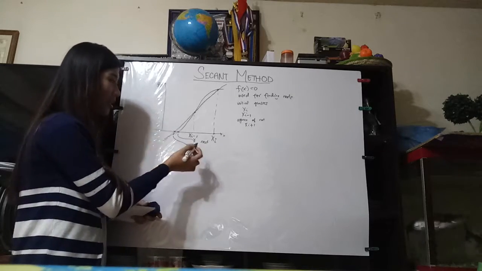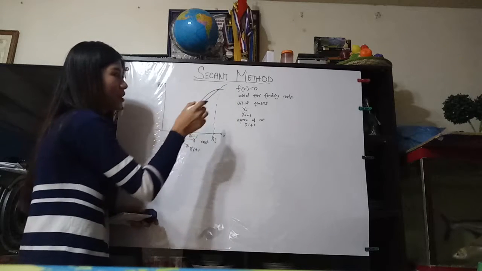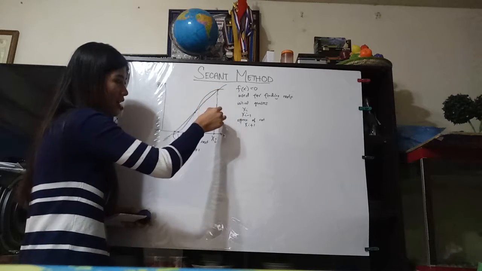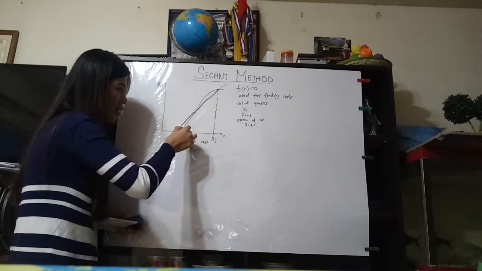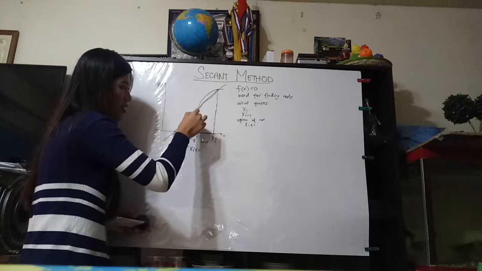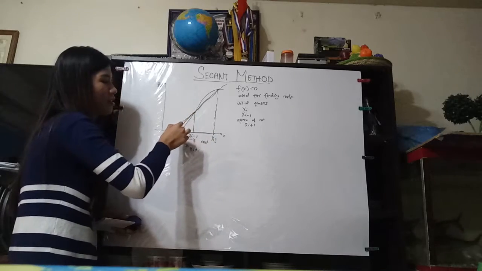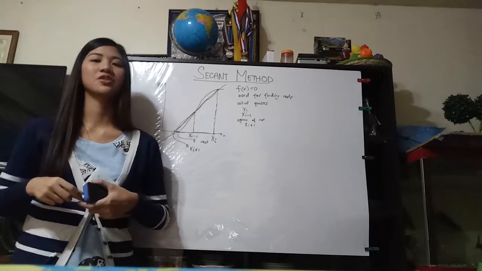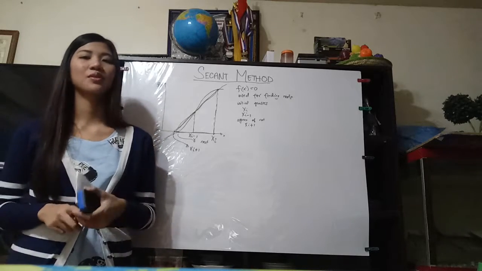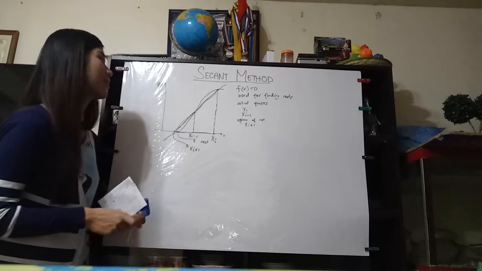Here we could see that we could create a triangle. This is our first triangle, and this is our second triangle. We perform simple computations and derivations so that we would get the formula used for the secant method.